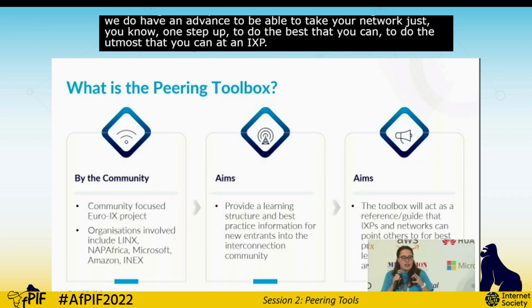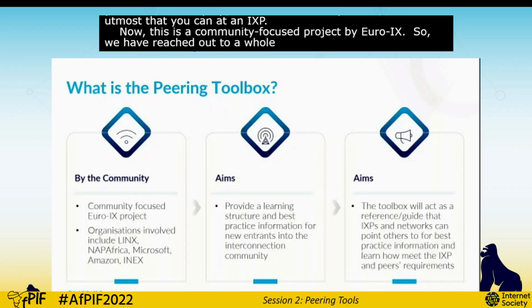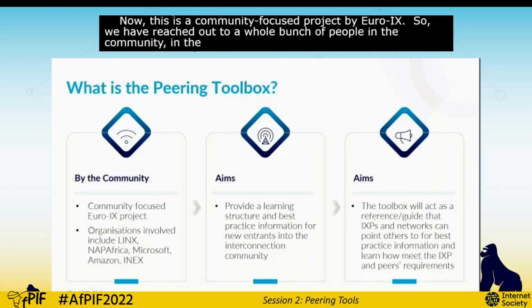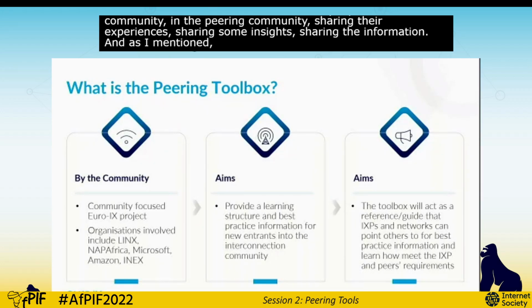Now, this is a community-focused project by EuroIX. So we have reached out to a whole bunch of people in the peering community, sharing their experiences, sharing some insights, sharing the information. And as I mentioned, information is readily available, but to get to it is the problem.